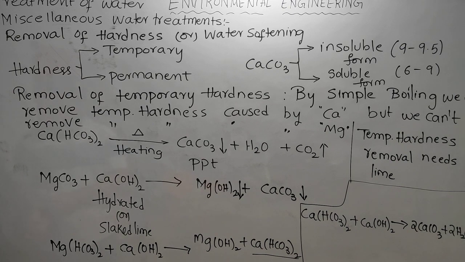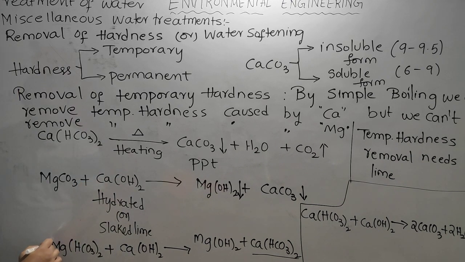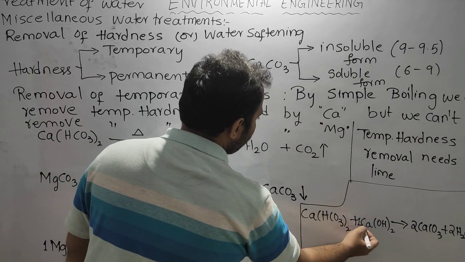So that is the requirement of hydrated lime. The requirement of hydrated lime is more in the case of magnesium bicarbonate. 1 mole of carbonate hardness of magnesium needs 1 mole of Ca(OH)2. 1 mole of bicarbonate hardness of magnesium needs 1 mole here and 1 mole here, so a total of 2 moles.